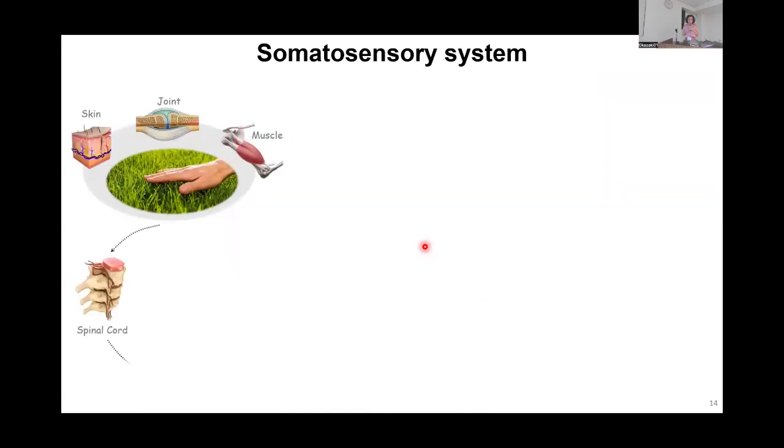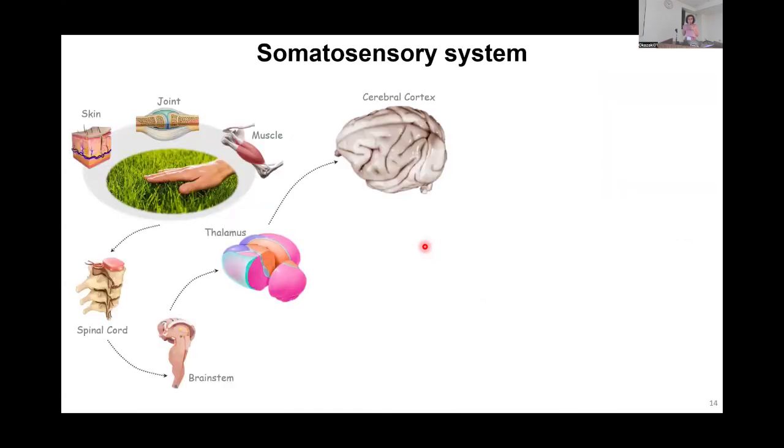And the somatosensory system is basically involved in the processing of stimuli from either the outside world or from inside our body. And we know that, same as any other sense, they reach the cortex via, I'm going to call them relay stations in the brain.